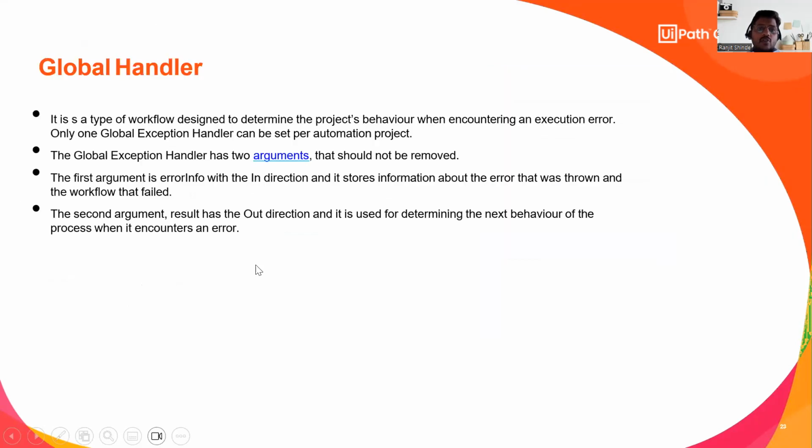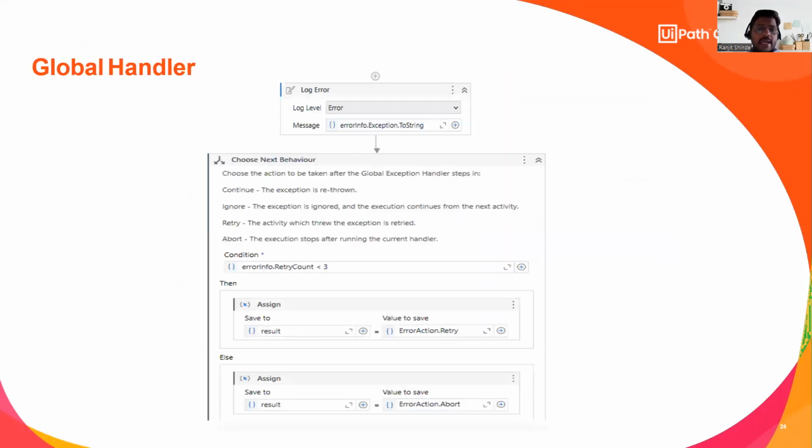Then next, global handler. Global handler is used for exception handling. Suppose in your process some exceptions are available. Suppose we take an example like email automation. I want to read the email and check whether the particular email has an attachment or not. Suppose the attachment is not available, then the bot will throw an exception. So we'll handle that type of exception with the help of the global handler.